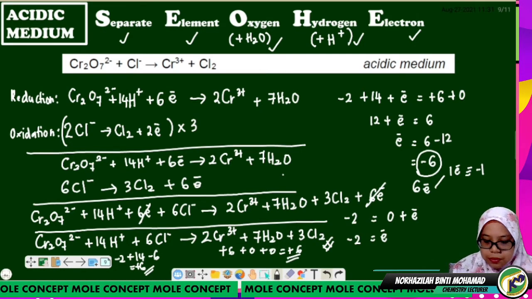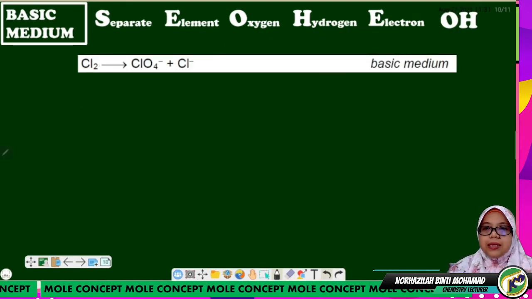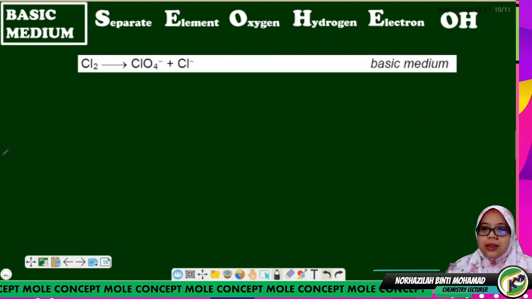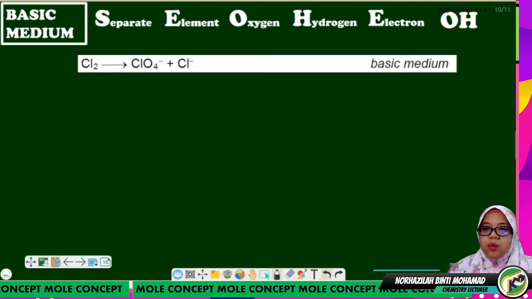Okay, so we look at the second example. This one is in basic medium. I have said that in basic medium, we have the addition of one step, from 5 in acidic medium it becomes 6 in basic medium.